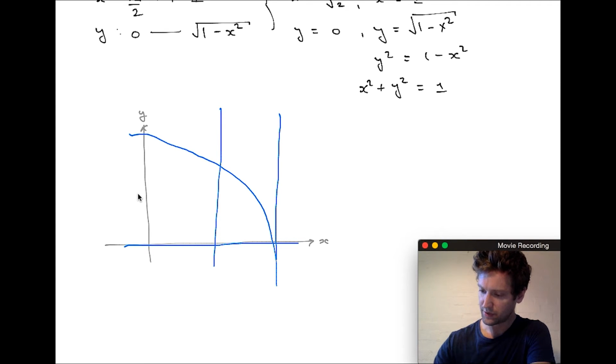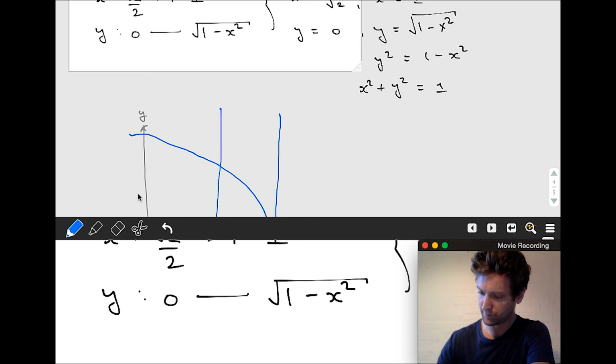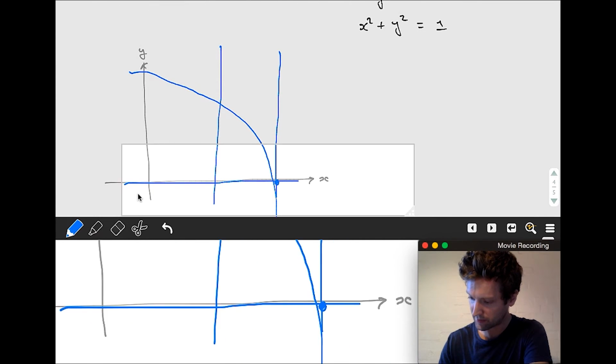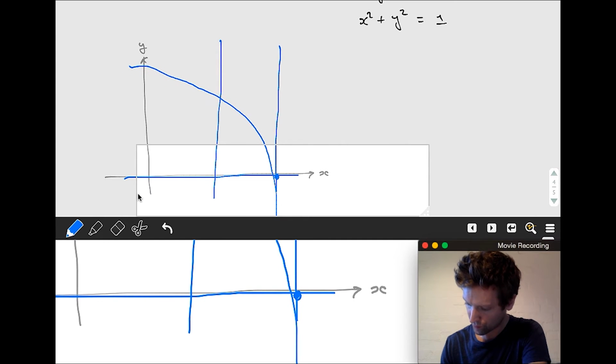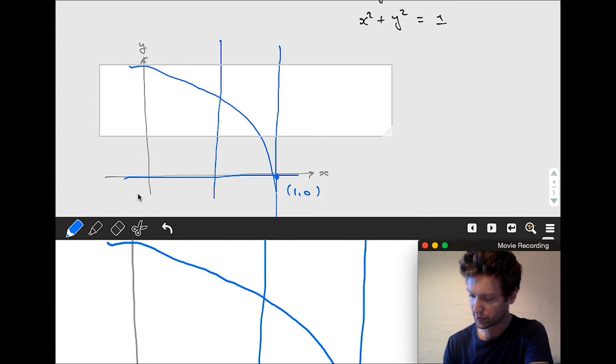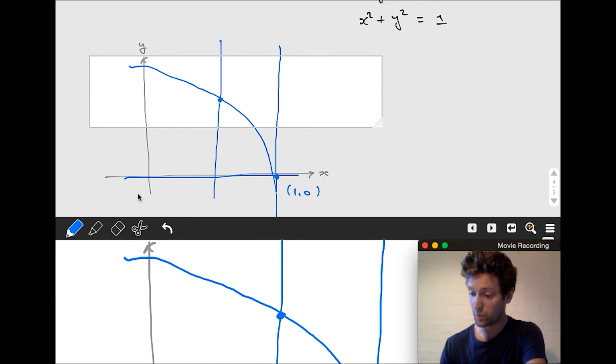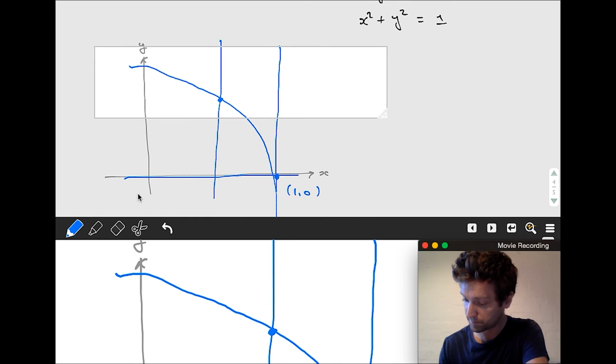And we can see where the intersection points are. So this is the point x is equal to 1, y is equal to 0. This is the point 1 over the square root of 2, 1 over the square root of 2.